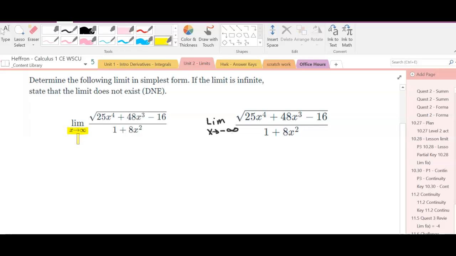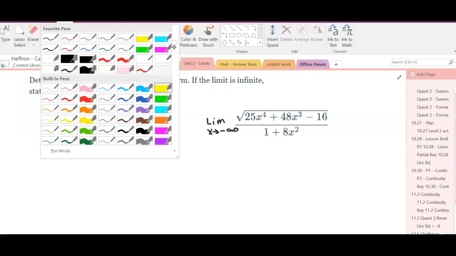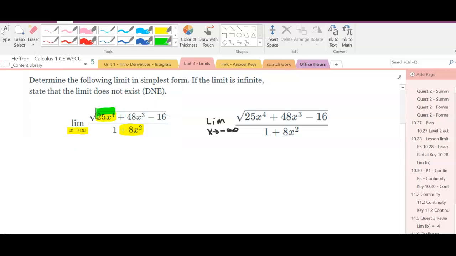So we're going to be thinking again about the largest exponents. And so in this case, we'll be looking at these terms, but we also have to recognize that there is the square root. And so what I'm really looking at is the limit as x approaches infinity of the square root of 25x to the fourth over 8x squared.